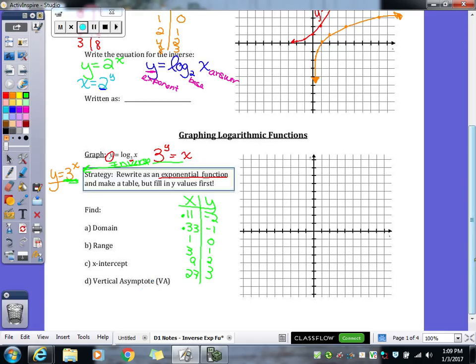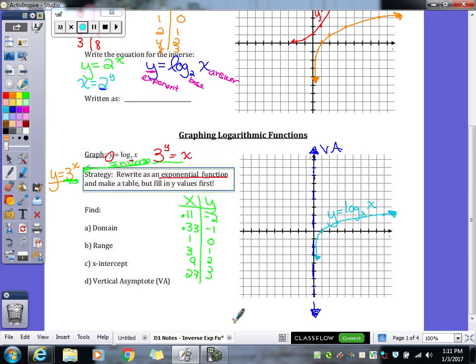So go ahead, plot your points, make your graph. All right, so let's take a look at our graph here. If you keep in mind what I set up before, this has a vertical asymptote. Our log graphs always have a vertical asymptote. Seeing how that does have a vertical asymptote, our domain will never be any of the negative numbers.